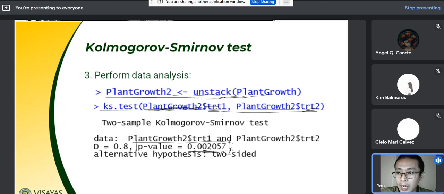So since we now have, class, our p-value, what will be our decision? Are we going to accept your null hypothesis or reject your null hypothesis? Class, what will be your decision?